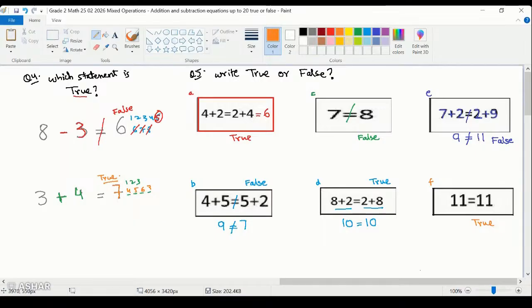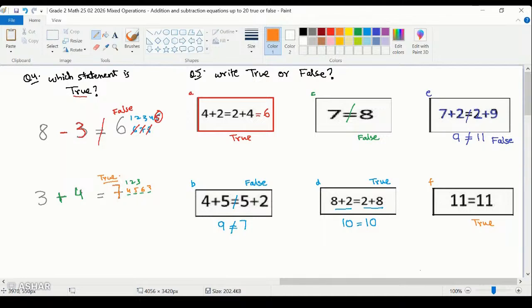Agreed? So part A was true because 2 plus 4 and 4 plus 2 would be the same. Part B is false because 4 plus 5 was 9 and 5 plus 2 was 7, and 9 and 7 are not equal. Part C, 7 is not equal to 8. They are two different numbers. Part D says 8 plus 2 is 10 and 2 plus 8 is also 10.